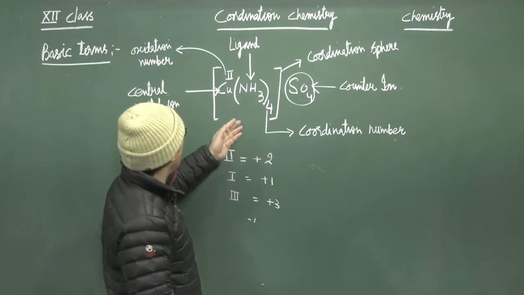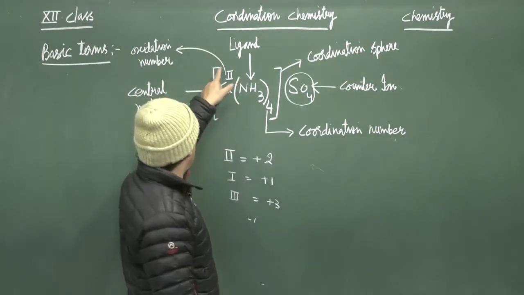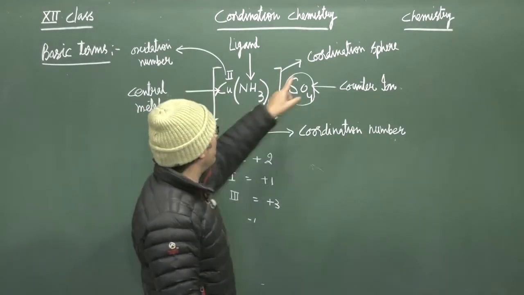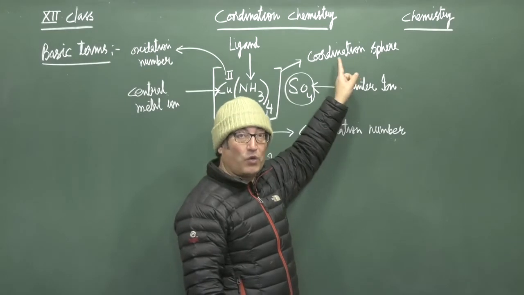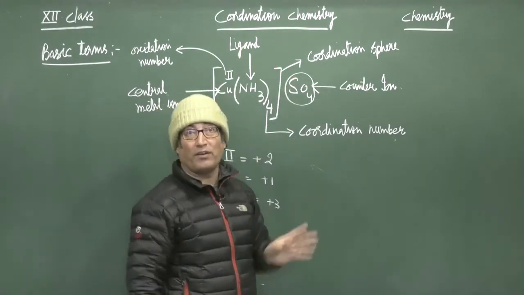Then this central metal ion and these 4 ammonia molecules are put within square brackets. This square bracket represents the coordination sphere. Due to the presence of the coordination sphere, we have compounds called coordination compounds.